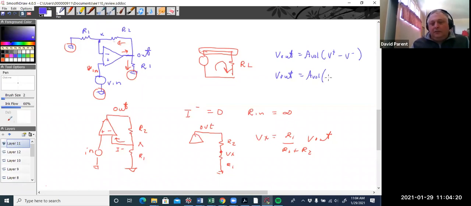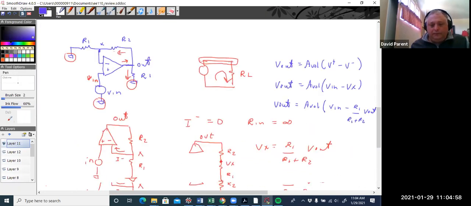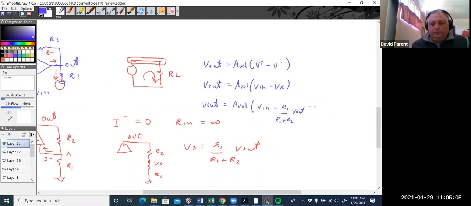V plus, well, now it's just tied directly to V in, and Vx is tied to the negative, but now we can substitute. Okay.